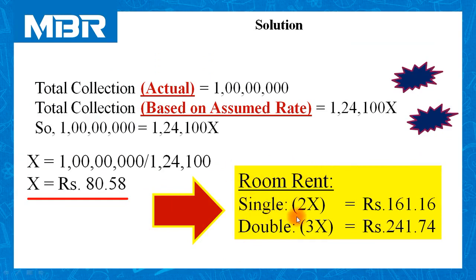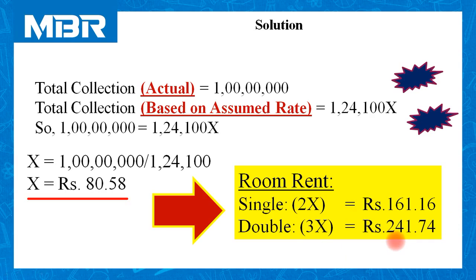For single room, we have assumed 2x. x is equal to 80.58 multiplied by 2 equals rupees 161.16. And for a double room, the rent is 3x. x equals rupees 80.58 multiplied by 3. So 80.58 multiplied by 3 results in rupees 241.74.